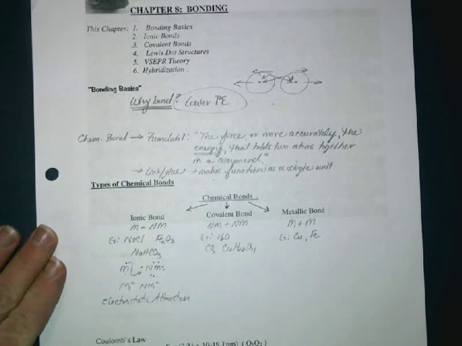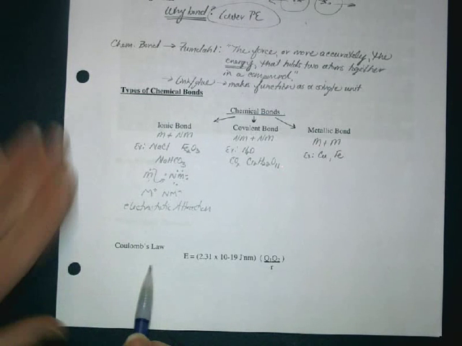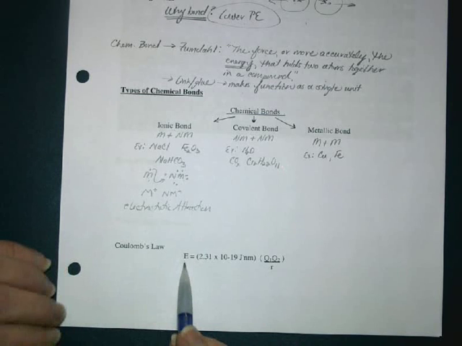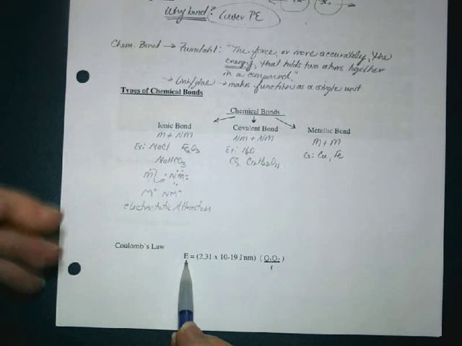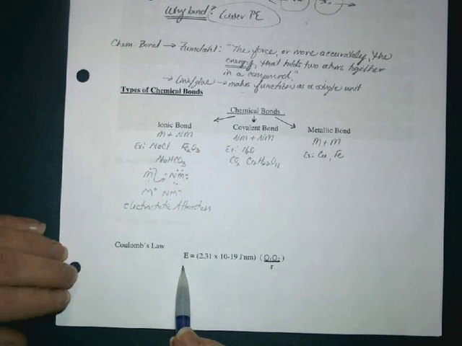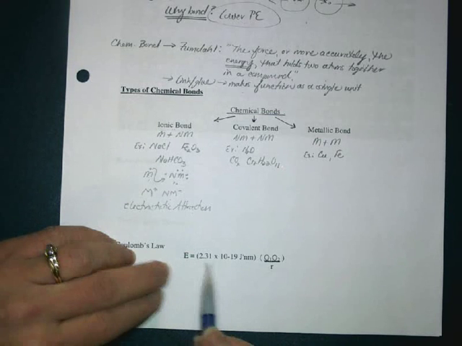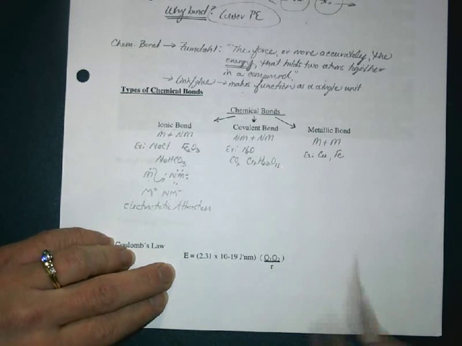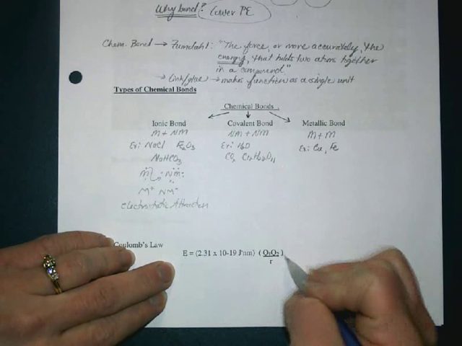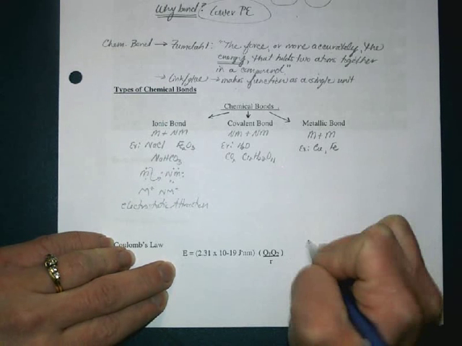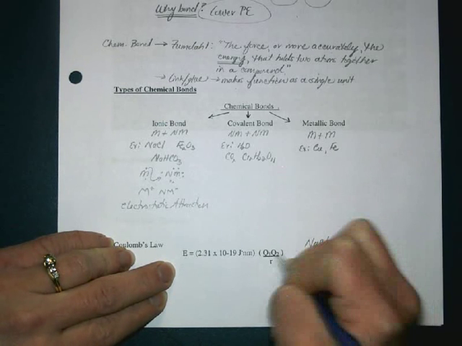We can actually look at an equation that backs this up. Coulomb's law looks at, now it says energy, but it really is translated and understood to be the force of attraction. We have this constant. Q1 and Q2 are the charges of our ions. So in the case of sodium chloride, Q1 is positive 1, Q2 would be negative 1.